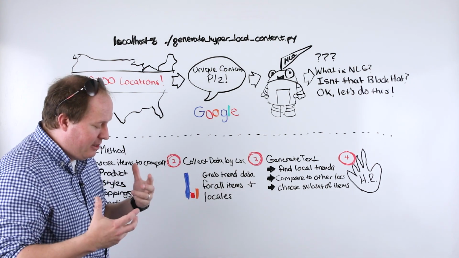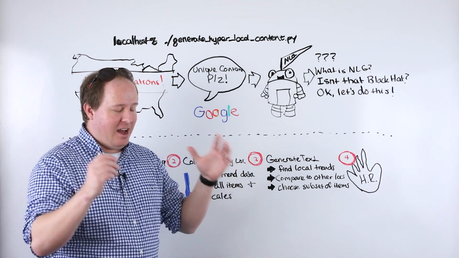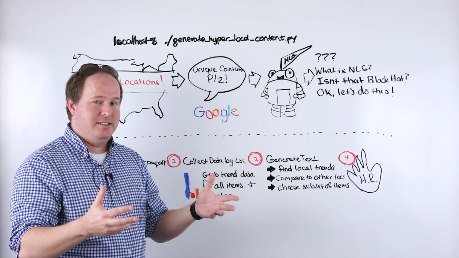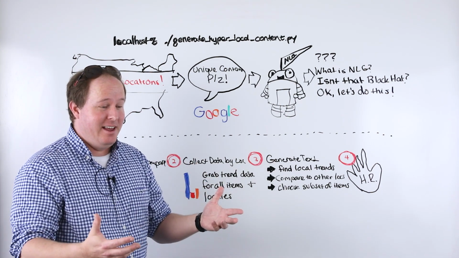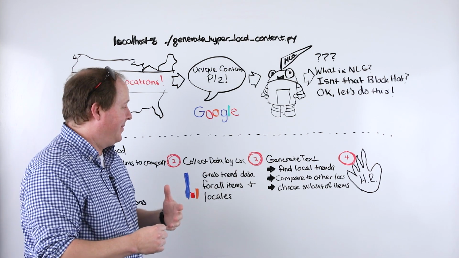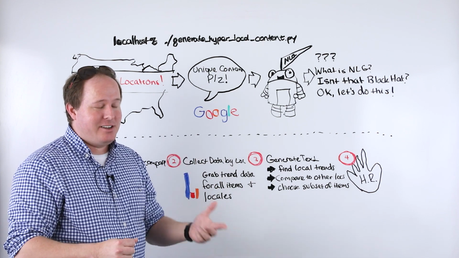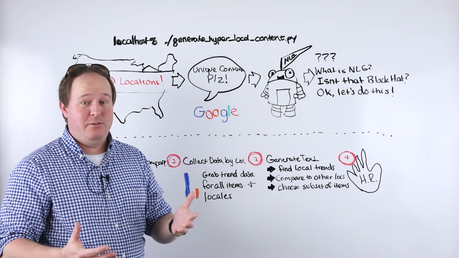Now, here's where the question comes in about white hat versus black hat. We've got this local page, and now we've generated all of this textual content about what people want on a pizza in that particular town or city. We need to make sure that this content is actually quality, and that's where the final step comes in, which is human review.